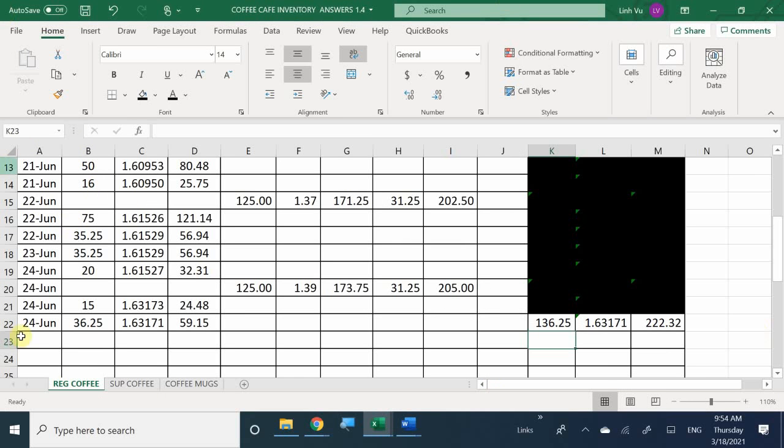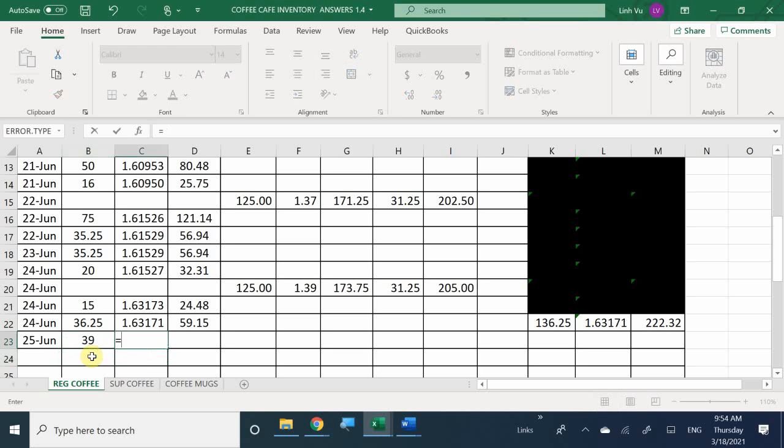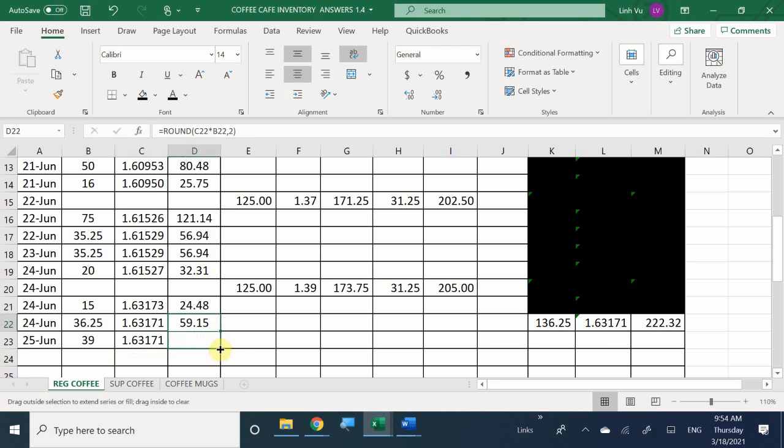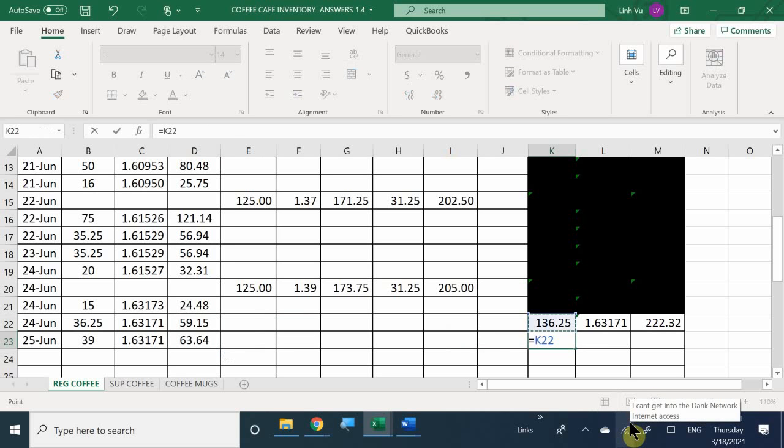So regular coffee, we used 39 pounds at this. So what is my total cost here? 63.64, okay.